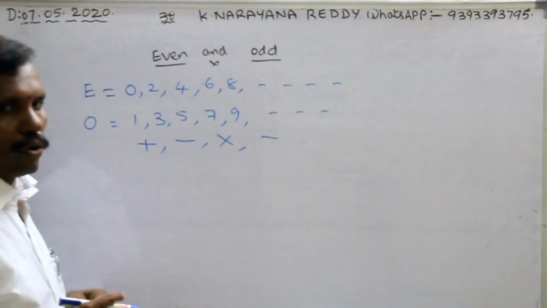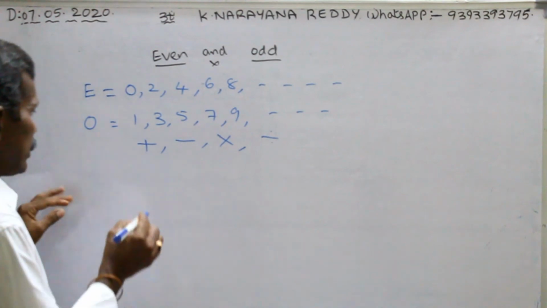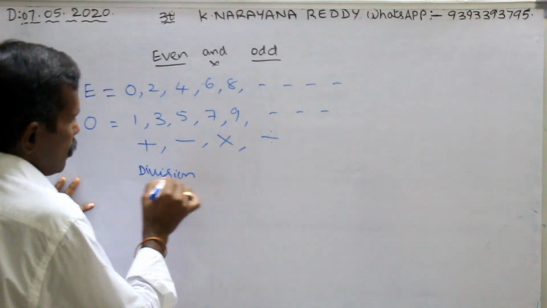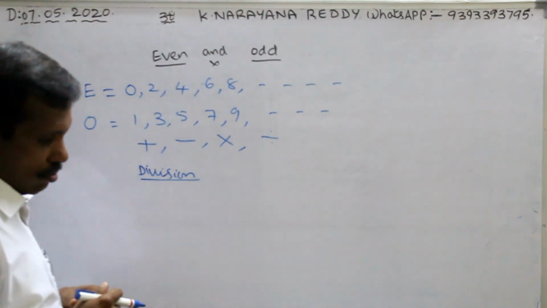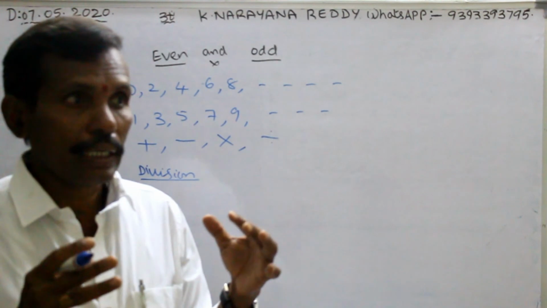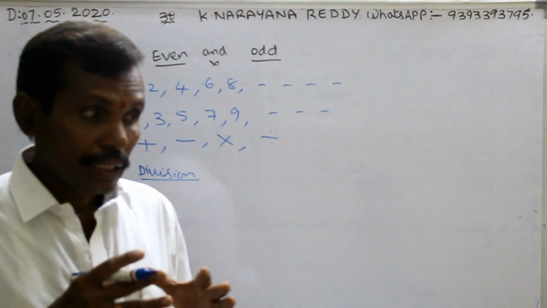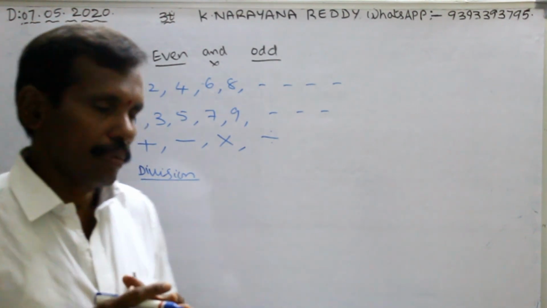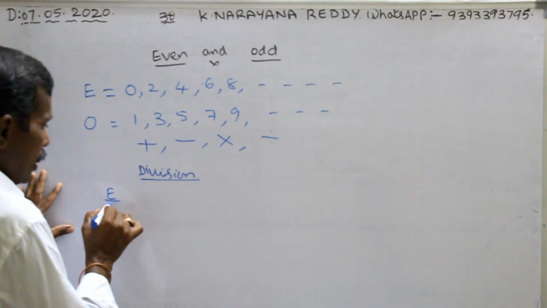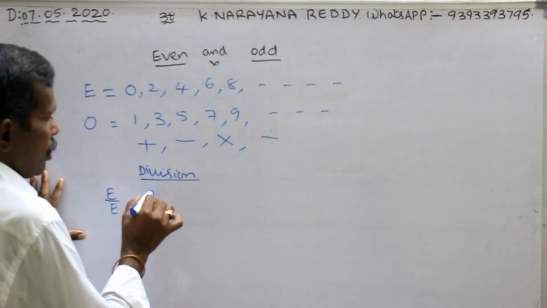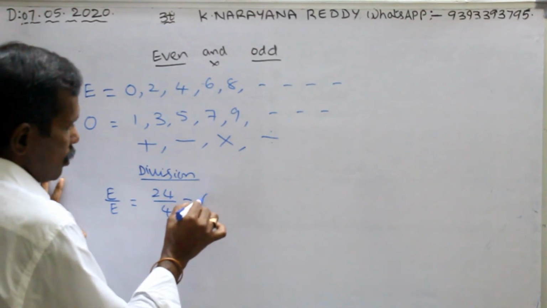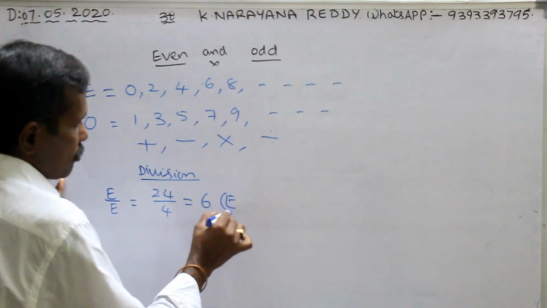Now we want to know about division. We already know division, but how do we do problems regarding odd and even numbers? For example, even by even: 24 by 4 is 6, which is even.